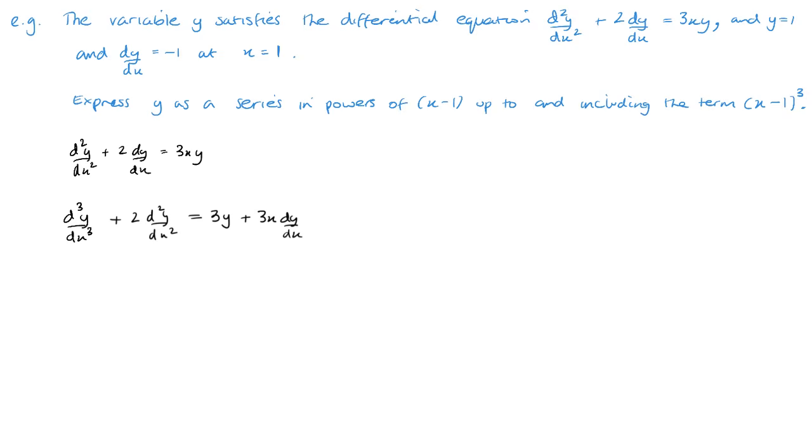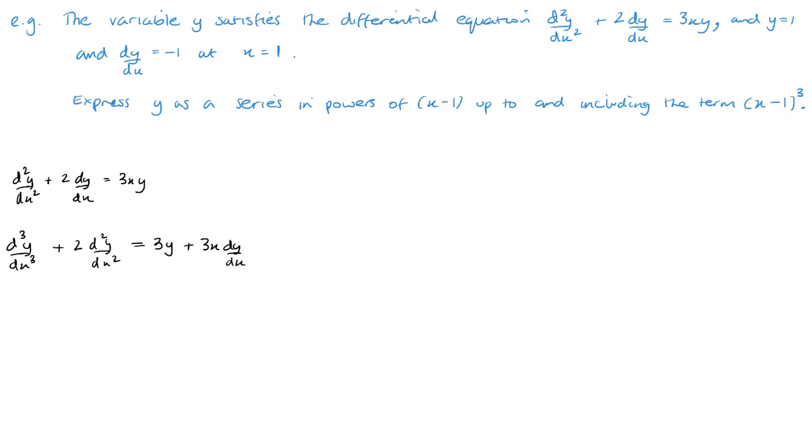So there I have my two equations, and I'm going to substitute. Let me just move these down a little bit, but I'm going to be substituting in x0 equals 1, y0 equals 1, and dy by dx, where x is 1, is equal to minus 1. So that's what I'm substituting in.